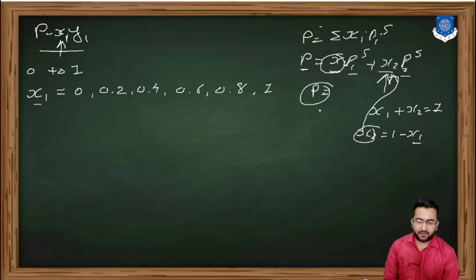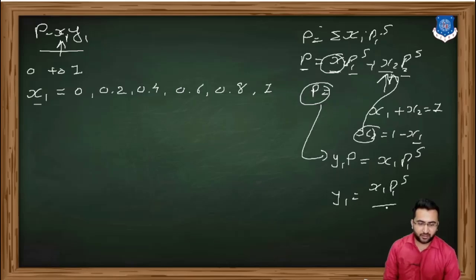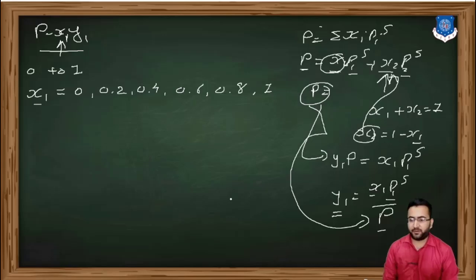Then we use this value of pressure in Raoult's law. Raoult's law can be given by y1 P is equal to x1 P1 saturated. So y1 becomes x1 P1 saturated upon P. Putting the values of x1, P1 saturated and the pressure we found here, we can find the value of y1.